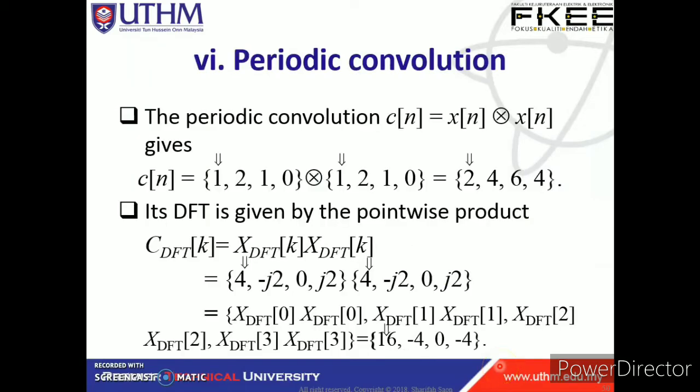So next question is how we can calculate the periodic convolution cn equals to xn, periodic convolution with the same signal xn. First we need to find the discrete signal cn, using the periodic convolution, for example cyclic and sum by column.